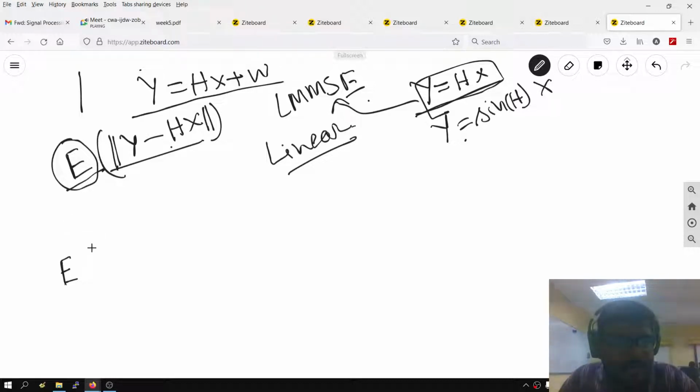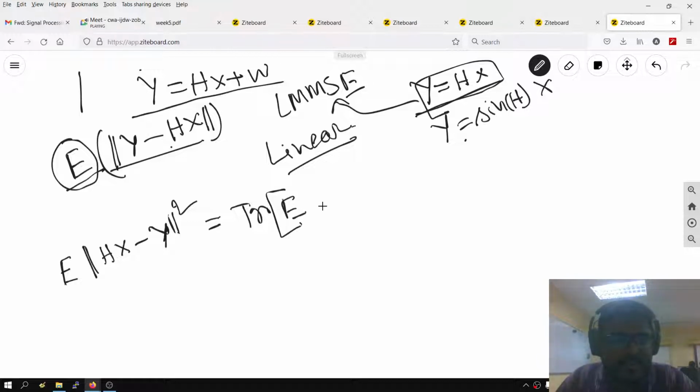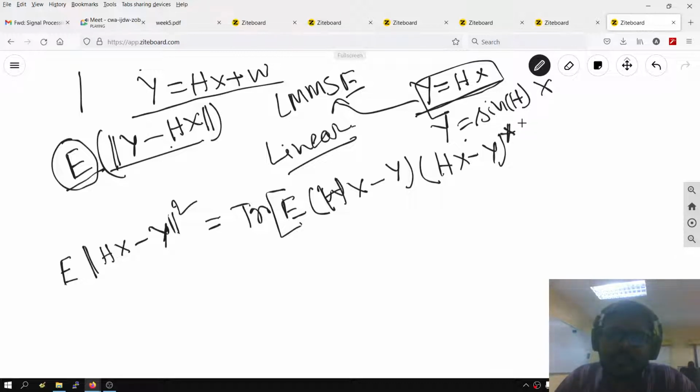So the expected value of the mod of Hx, like I can take it as the first thing. It does not matter within the mod square. So it becomes, sorry, this is Y, trace of expectation of Hx minus Y into Hx minus Y transpose.